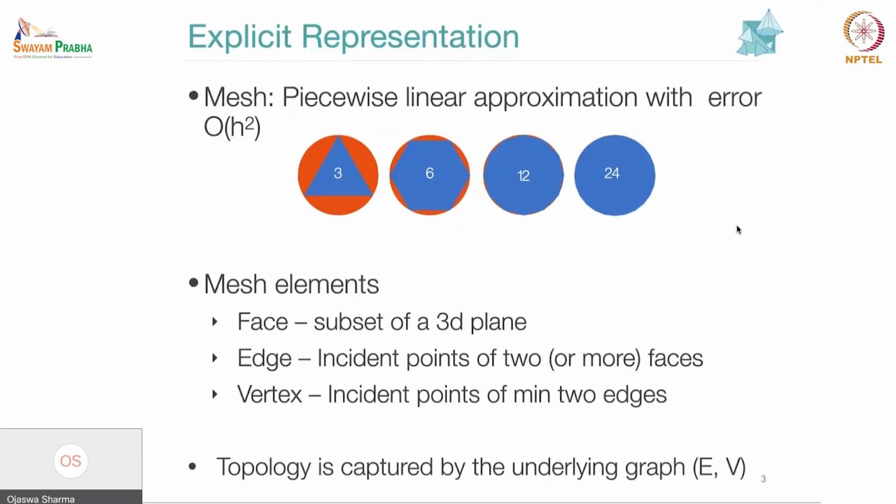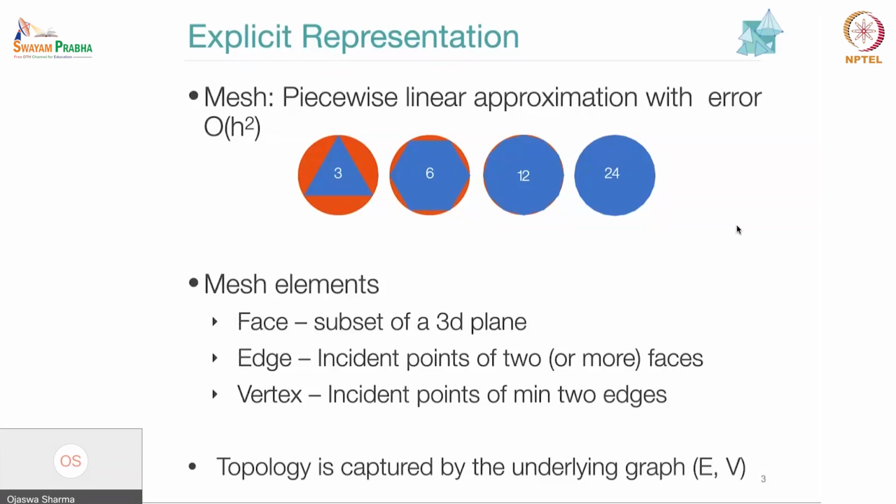Similarly, surface meshes could be closed or open. If it's open, you can find a boundary, but if it is closed, then no boundary. Okay, thank you. All right, great.